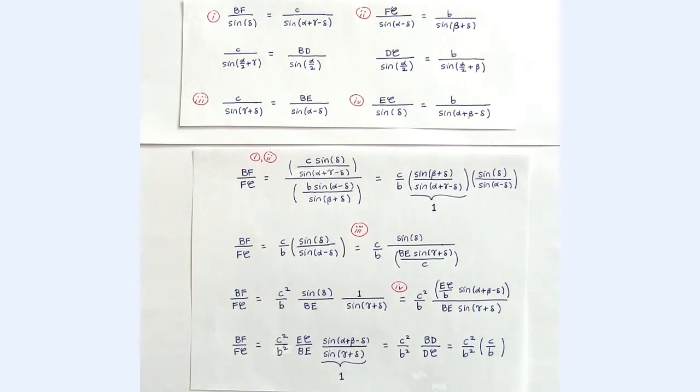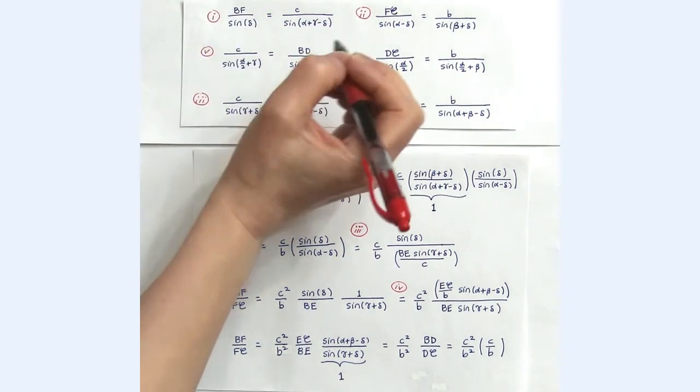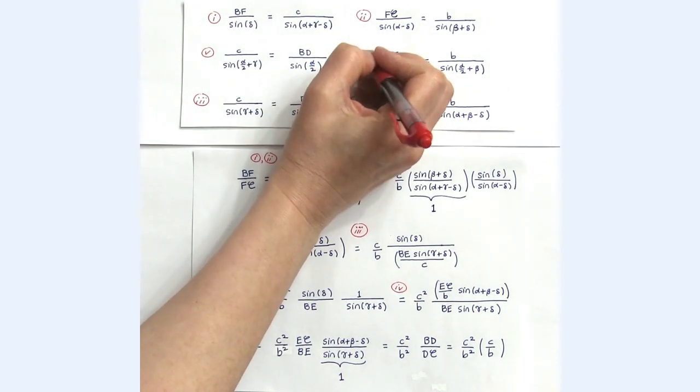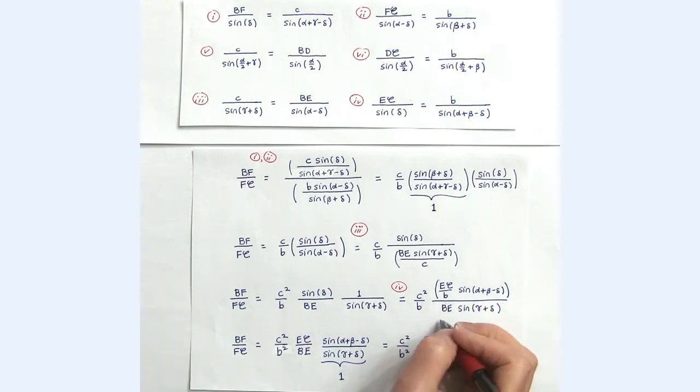So if I didn't know the angle bisector theorem, I could use these two equations, I'm calling them 5 and 6, to get from here to here.